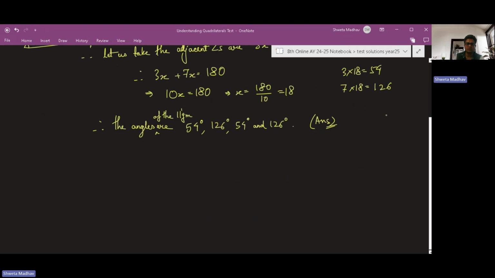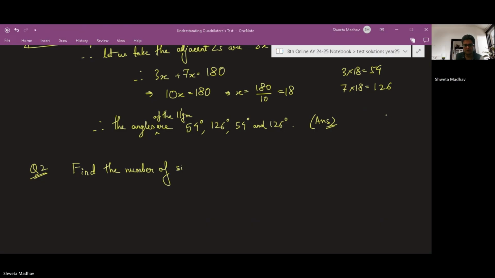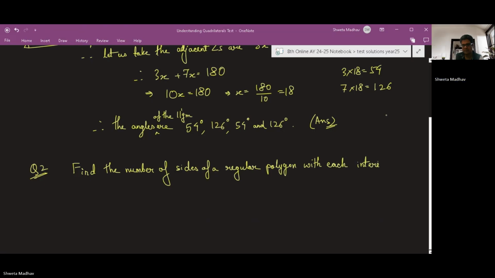Then question number 2. Question number 2, it has been told that find the number of sides of a regular polygon with each interior angle measuring 120 degrees.